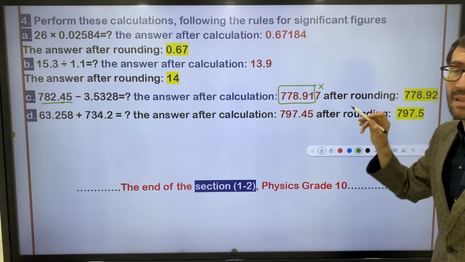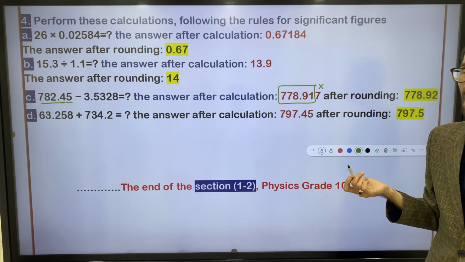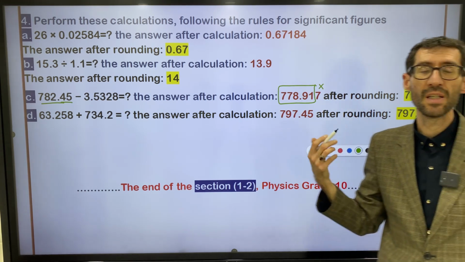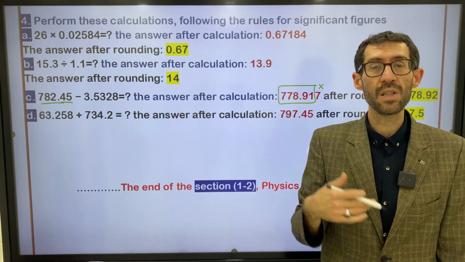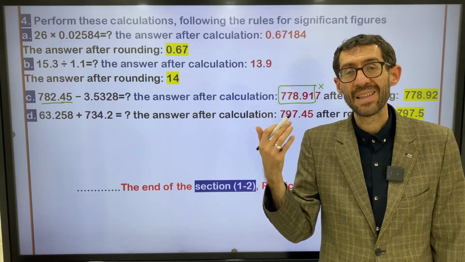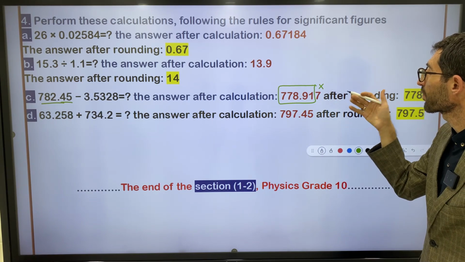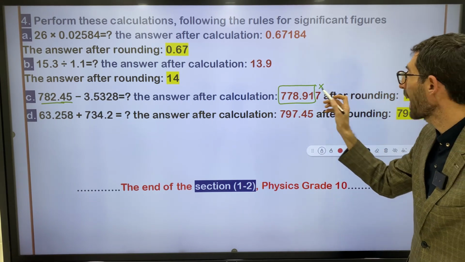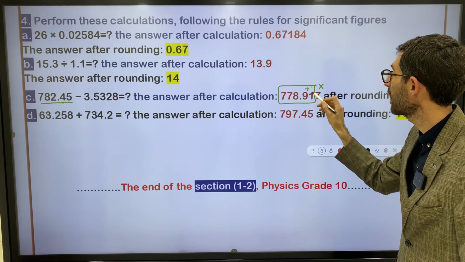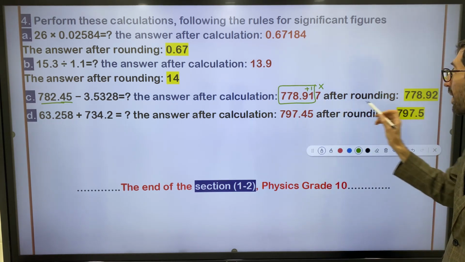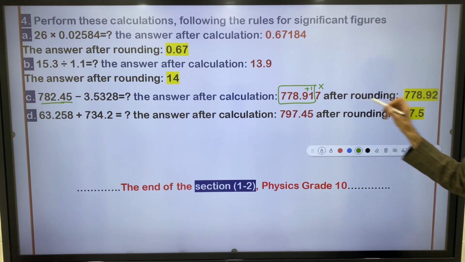Let's say drop 7, no problem. I dropped 7. Is the situation round up or round down? Actually, the situation is round up. Whenever you drop the 7, you have to add 1 unit to the 1, and the answer will be 778.92. This is the last answer.